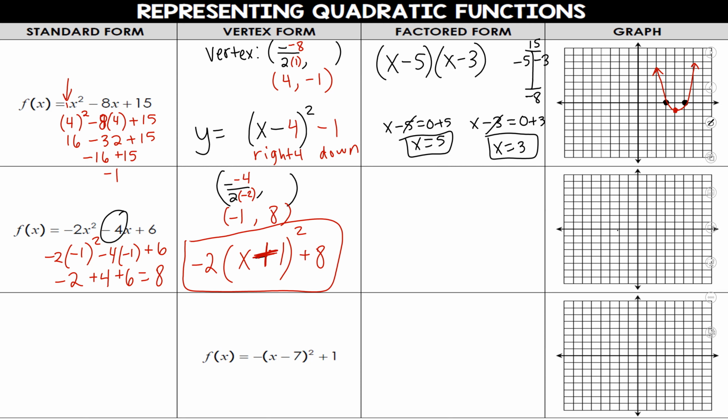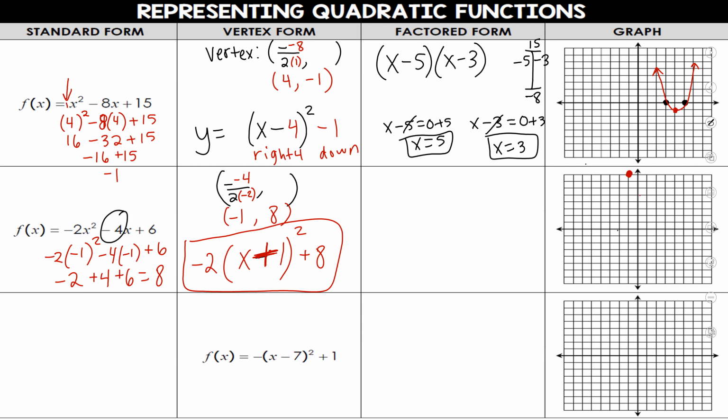So let's go ahead and plot the vertex. The vertex is at -1, 8. So that's way up 1, 2, 3, 4, 5, 6, right here. That's our vertex. I know it's going to face down because this quadratic has a negative in front. Okay, so let's do factored form.